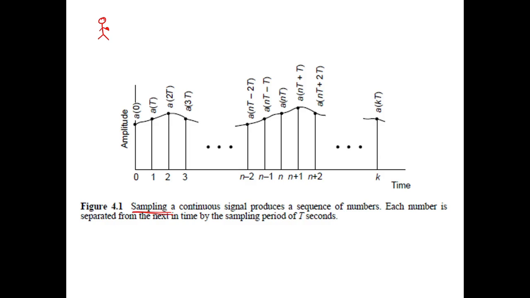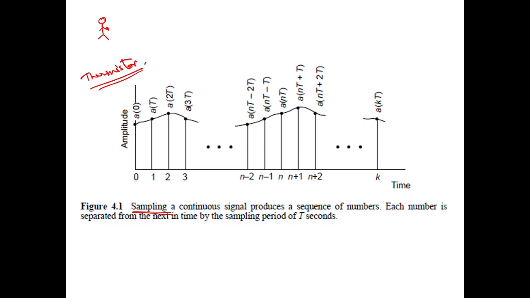Okay. Now one of the very simplest sensors is the thermistor. So what is a thermistor? A thermistor is a resistor whose resistance changes with respect to change in temperature.